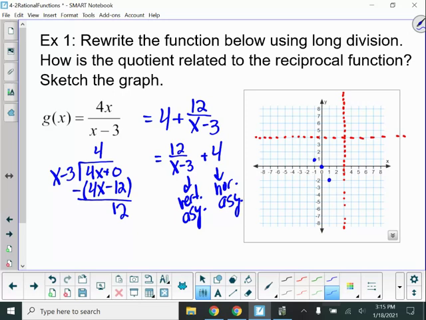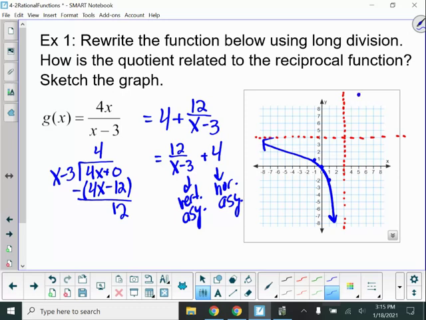So this is going to curve out kind of like this, and I am taking some liberties there. It's not going to look quite the same way. If I go greater, these are going to get pretty high pretty fast. If I do 5, 5 minus 3 is 2, 12 divided by 2 is 6, and 6 plus 4 is 10.